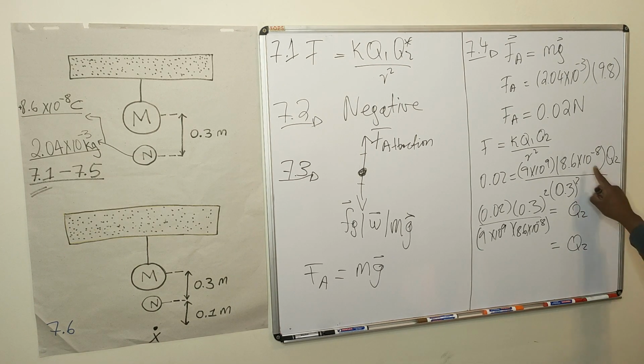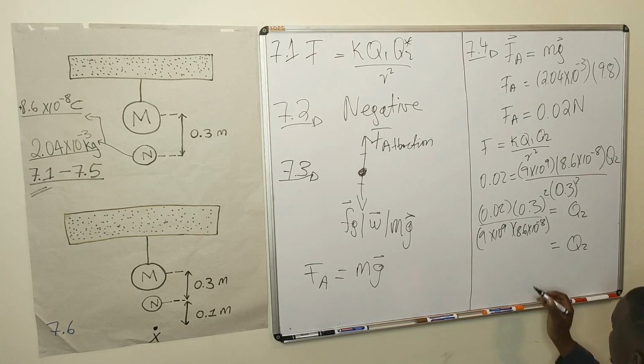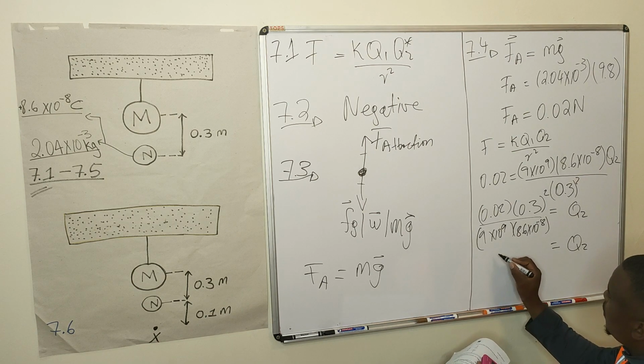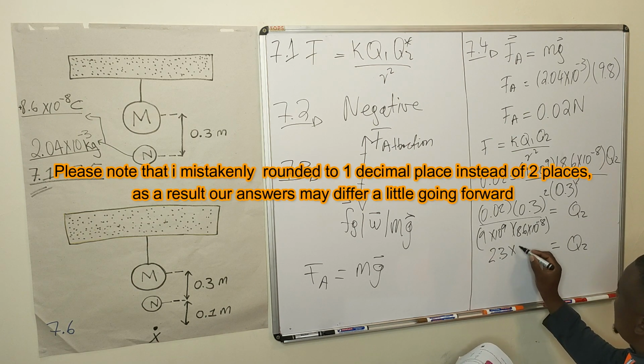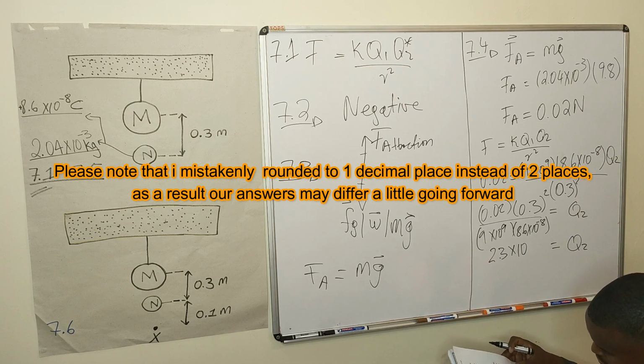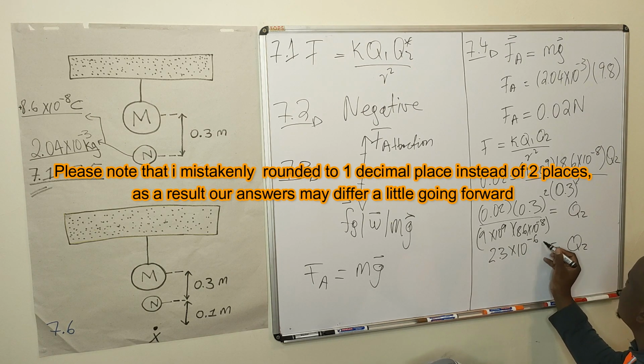You can punch this as a whole and then divide both sides by whatever answer you get here. So 0.02 times 0.3 squared over 9 times 10 to the 9 times 8.6 times 10 to the minus 8. So your charge, the magnitude of the charge, is 2.3 times 10 to the minus 6 coulombs.